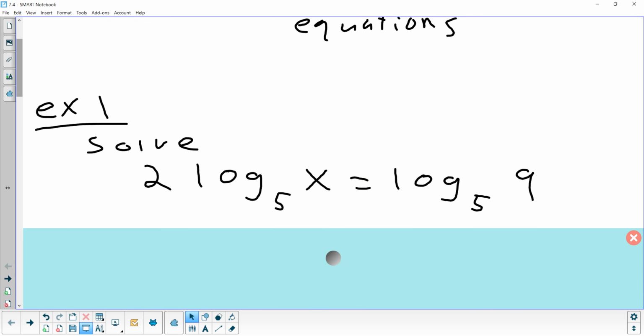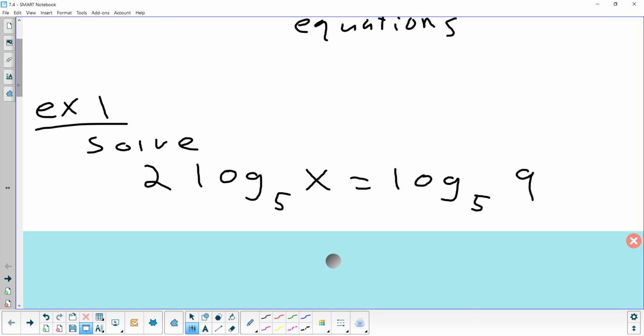All right, so the first example says to solve 2 log base 5 of x equals log base 5 of 9. The fact that the bases are the same is good. If the bases weren't the same, that would be a problem.